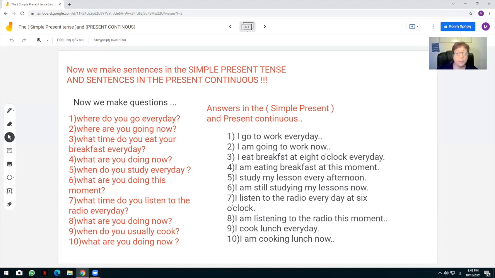3. What time do you eat your breakfast every day? What time الساعة كام do you eat your breakfast بتفطر كل يوم? This is a simple present tense. So, number 3, I eat breakfast at 8 o'clock every day.